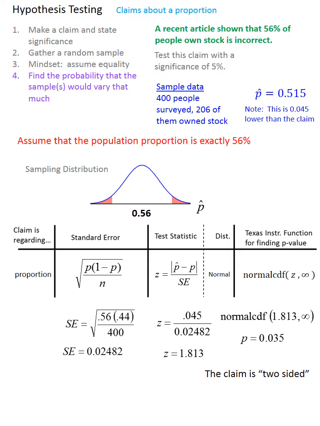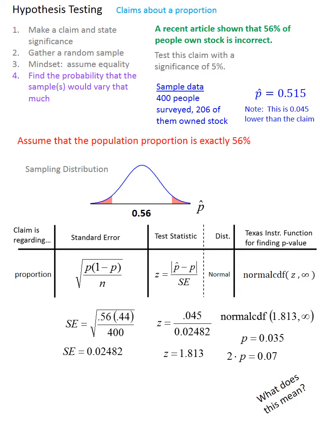In other words, because I haven't specified whether I expect the sample proportion to be much higher or much lower than 56%, I have to double my p-value in this case. In other words, 3.5% doubled is 7%. And here's the logic.